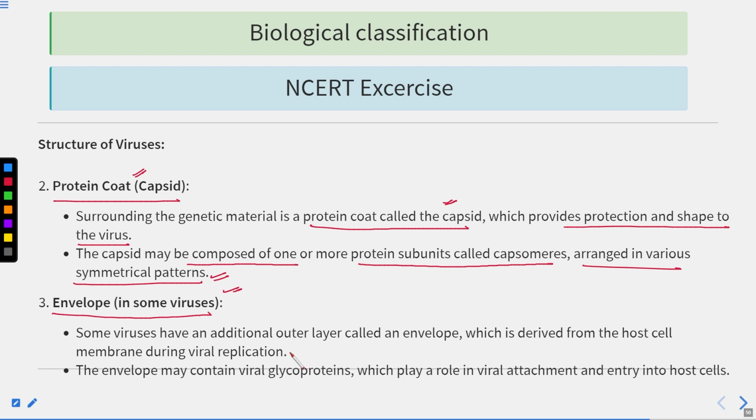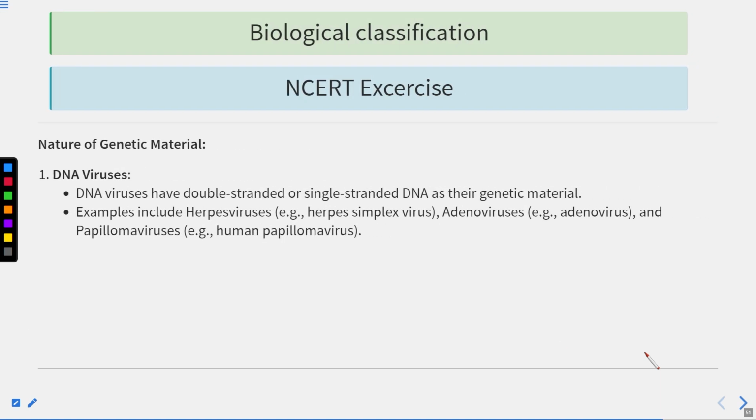Some viruses have an additional outer layer called an envelope, which is derived from the host cell membrane during viral replication. The envelope may contain viral glycoproteins, which play a role in viral attachment and entry to the host cell. This is very important for attaching to the host cell.